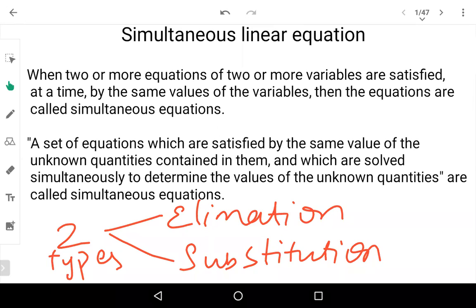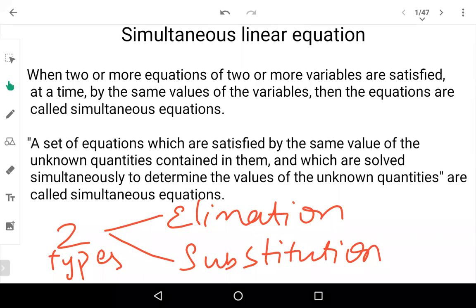Now let us see the definition. A set of equations which are satisfied by the same value of the unknown quantities contained in them and which are solved simultaneously. Simultaneously means together. At a time, we will solve two equations to determine the values of unknown quantities, and these are called simultaneous equations.